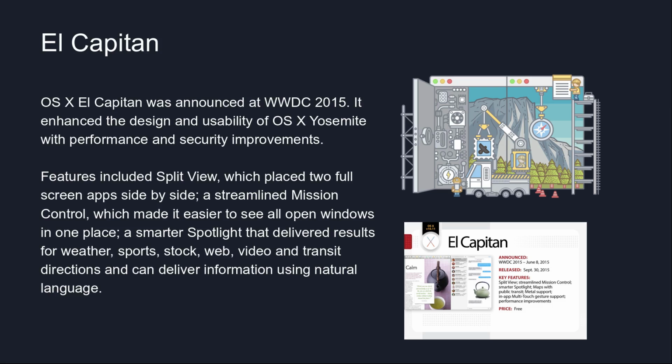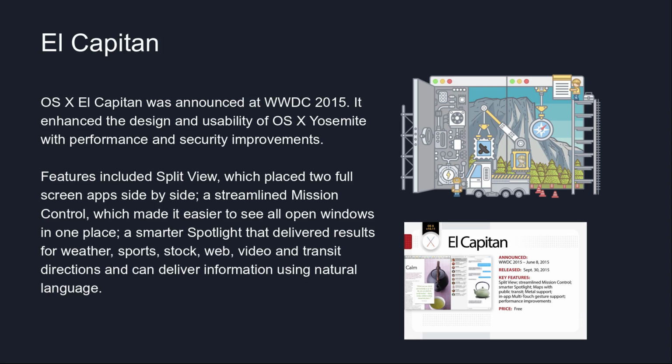A refreshed Maps app that included public transportation information for some cities, Metal, a new graphics core technology that gave games and apps almost direct access to the Mac's graphics processor for better performance, in-app multi-touch gesture support, and system-wide performance improvements for further responsiveness and efficiency when using apps.